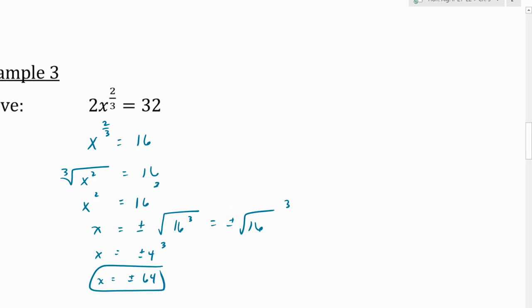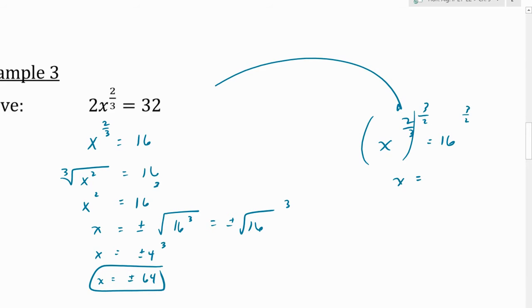Okay, here's the issue. It's like when you got to this step right here, and you said, oh, let's raise both sides to the 3/2. That's the square root of a 16 cubed. That part would only give you one answer, because when you do the fractional exponents, just on a number, you treat that like a principal, right? A principal square root, cube root, whatever.